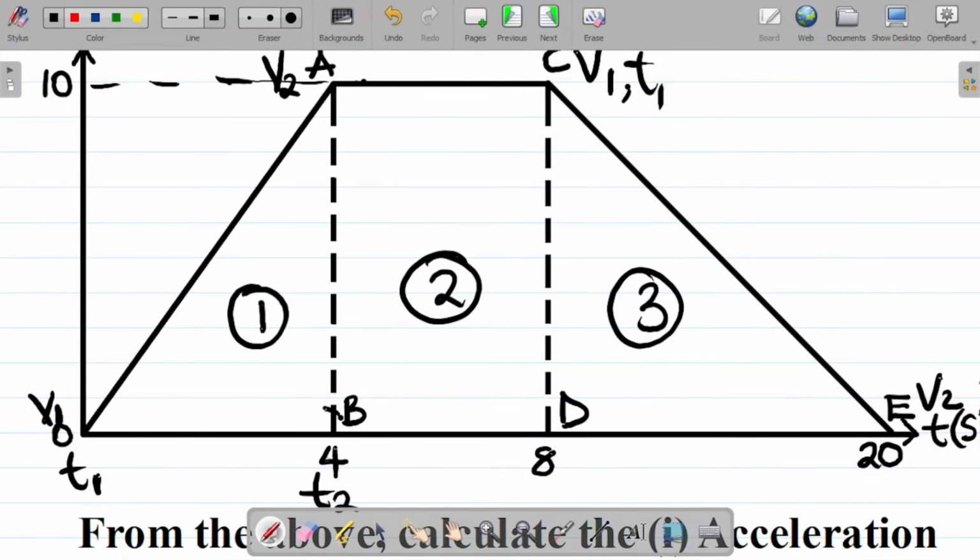Remember that this 4 is for time, right? So trace this to the vertical axis. If I trace this way, I have 0 here, and this way, I have 10. So the length there is about 10.